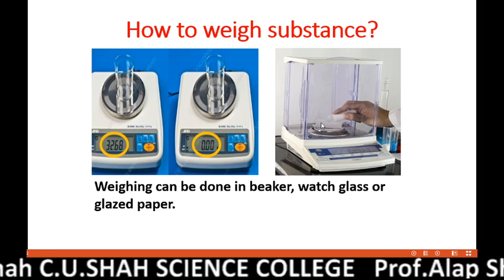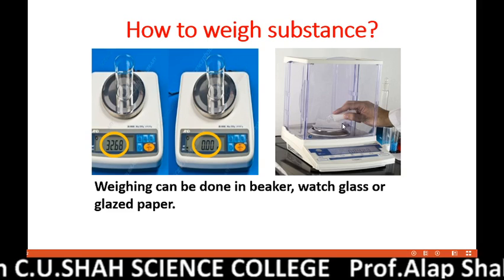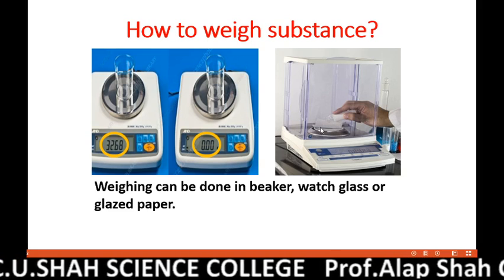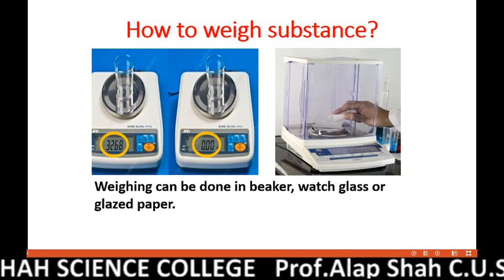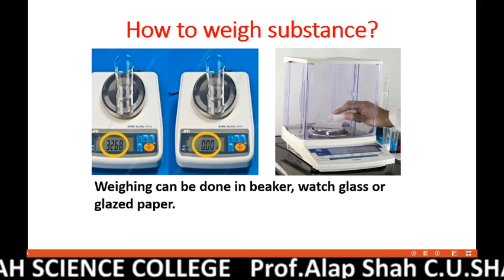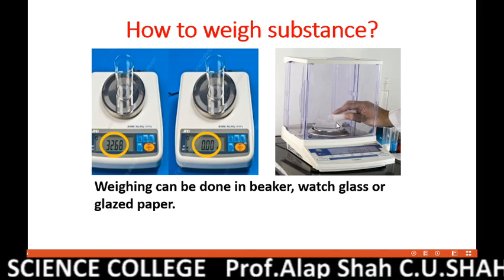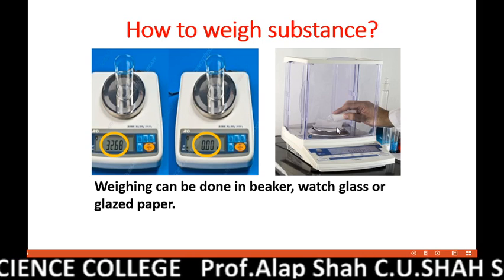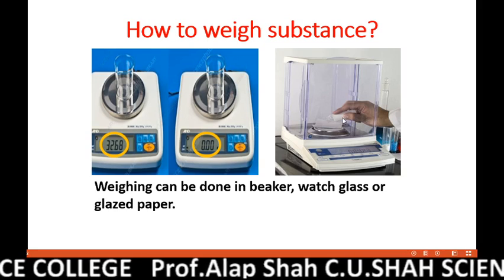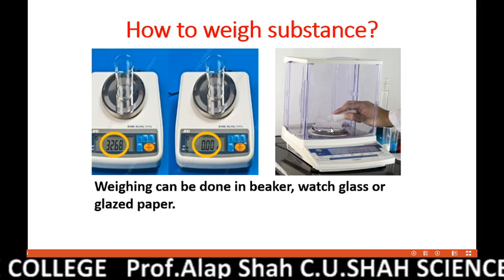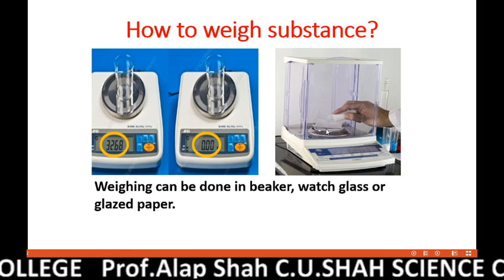Here you can see a piece of glaze paper is placed. Similar to the beaker, after putting the paper, when the scale shows its weight, we press the tare key to make it 0, and then we can add 0.590 gram succinic acid.